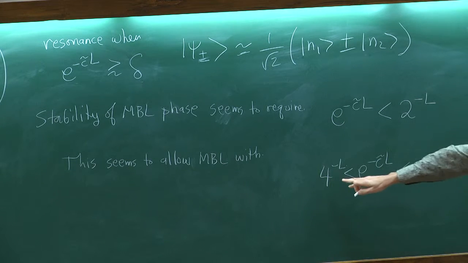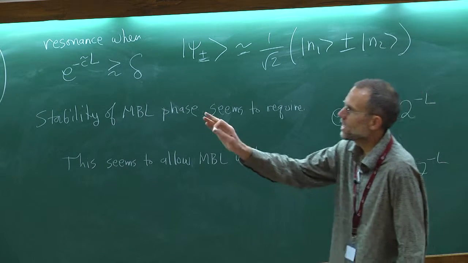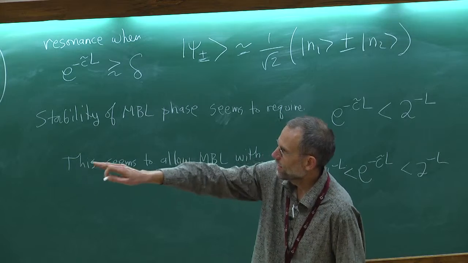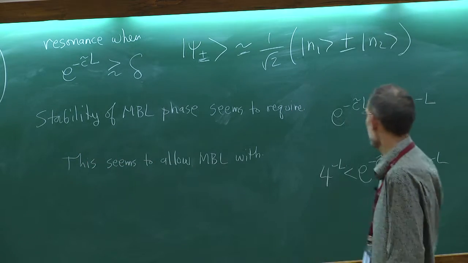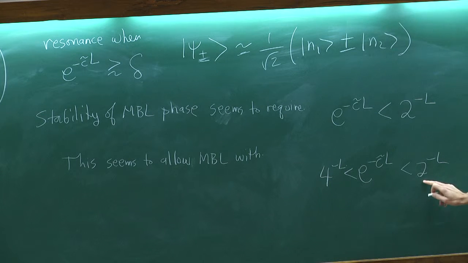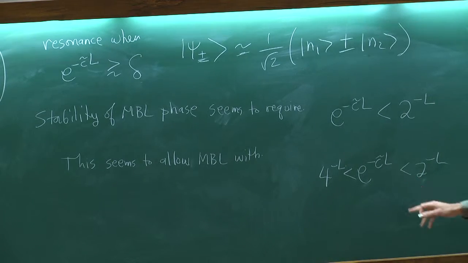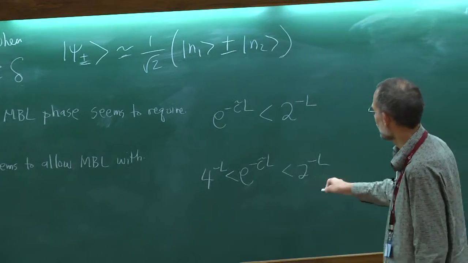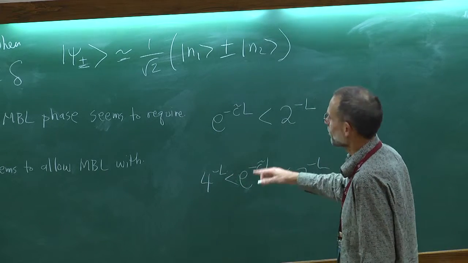So if we're in this interval, what does it mean? It means if I take a typical eigenstate and look at a typical location in that eigenstate at length L, I will do this comparison, and I will see that the chance of there being a resonance there is exponentially small in L, right? Because I'm assuming this exponential is stronger than this exponential, and so the chance of there being a resonance is exponentially small in this regime.